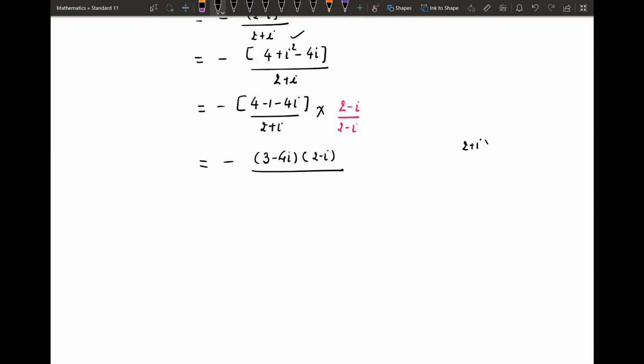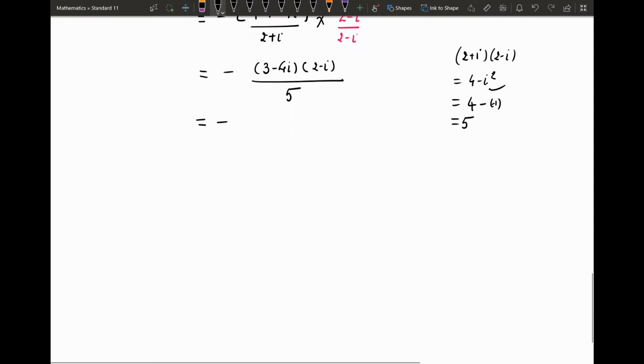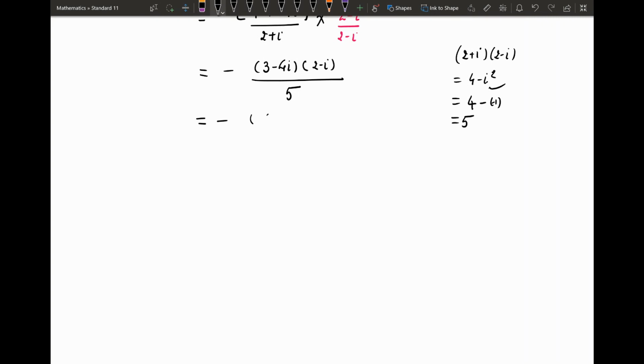Denominator (2 plus i)(2 minus i), so 4 minus i square is minus 1, so minus minus plus, so denominator is 5.